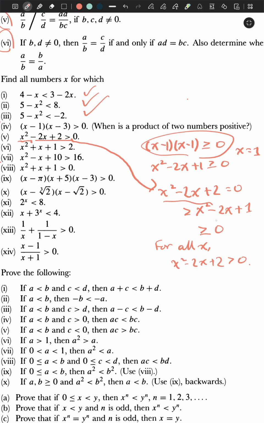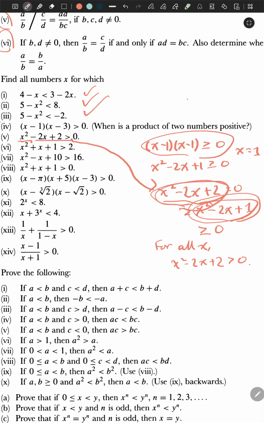One second. What I wanted to say is the minimum of this value is 1 and not 0. And since the minimum is 1, this whole thing is greater than this one, this is always greater than 0, right?